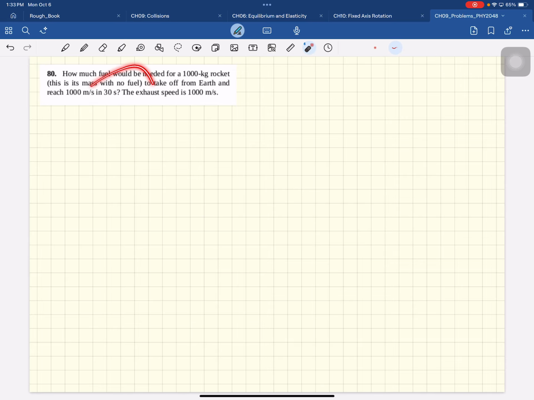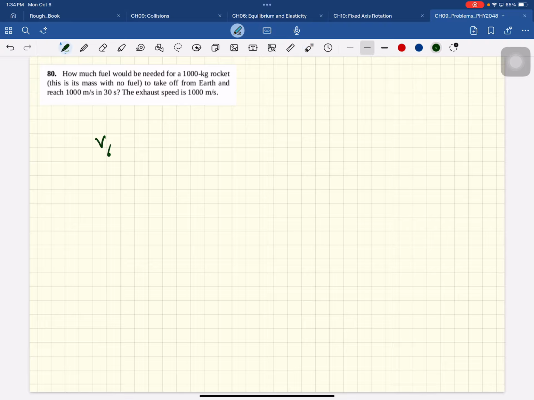So this is a similar problem. They ask how much fuel would be needed for a 1,000 kg rocket. That is the mass of the rocket with no fuel, so that would be the final mass. To take off from Earth and reach 1,000 meters per second in 30 seconds. The exhaust speed is 1,000 meters per second.